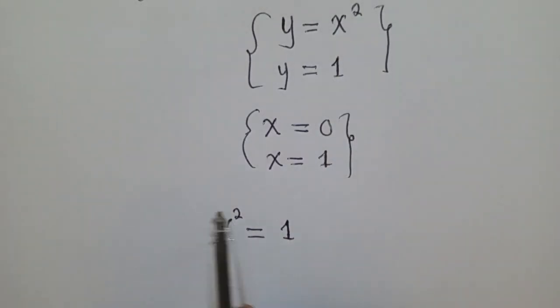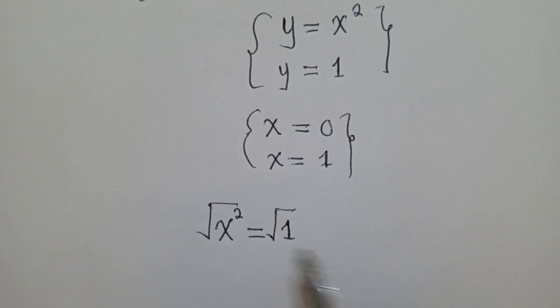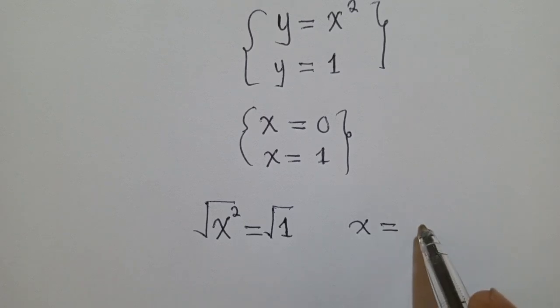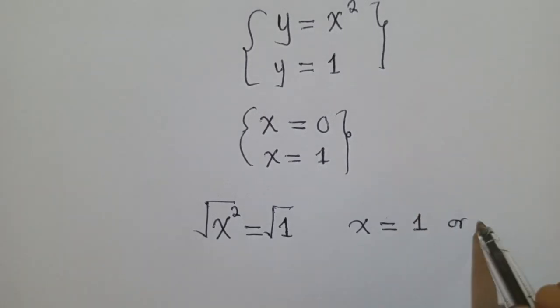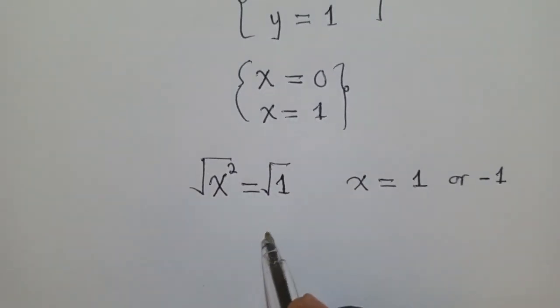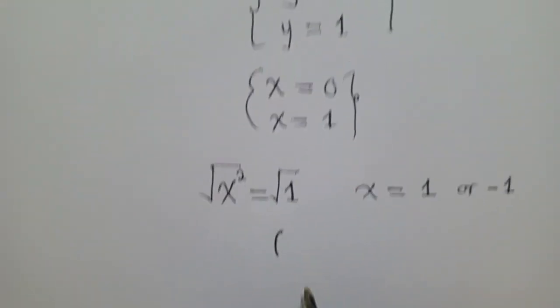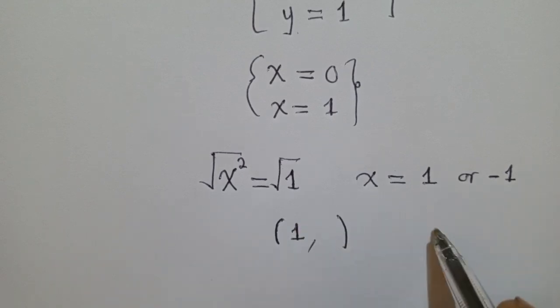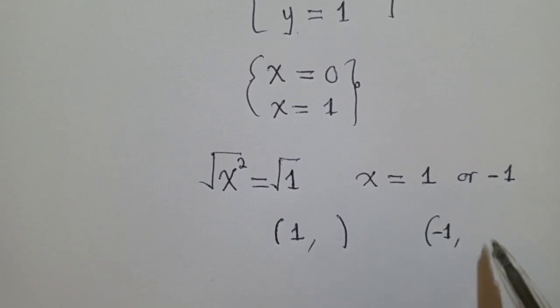We solve this equation and we'll find that the value of x will be equal to 1 or negative 1. So the intersecting points of these two equations will be: the x value is equal to 1, the other point, the x value is equal to negative 1. So these are the two intersecting points.